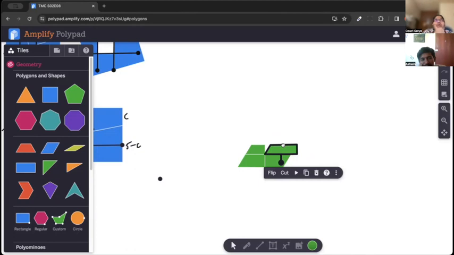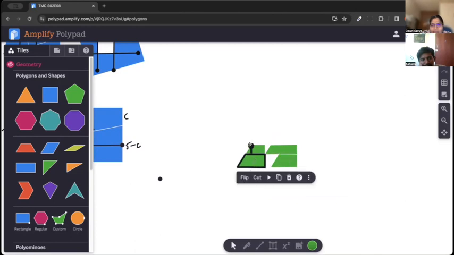We will get an outer rectangle with some odd shape inside. Oh, wow. That's unexpected.